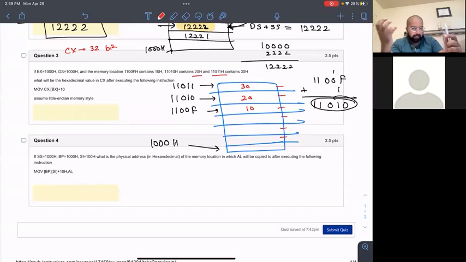That if we are trying to save something from this data segment to CX, let's say this is memory location 1 and this is memory location 2. The size of each is 16 bits. CX is capable of storing 32 bits.